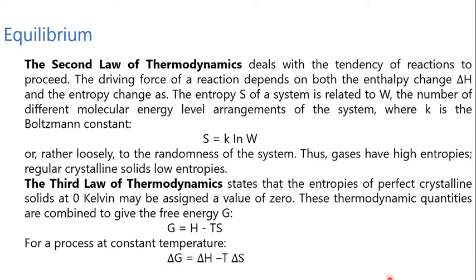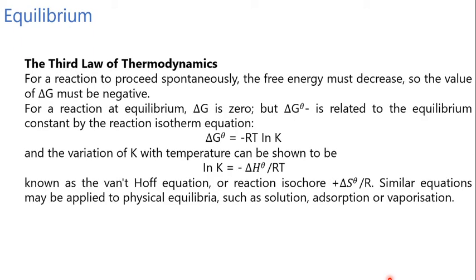These thermodynamic quantities are combined to give the free energy equation, that is G equals H minus TS. For a process at constant temperature, we can write the equation as delta G equals delta H minus T delta S, that is change in the Gibbs free energy equals change in the enthalpy minus T times change in the entropy.